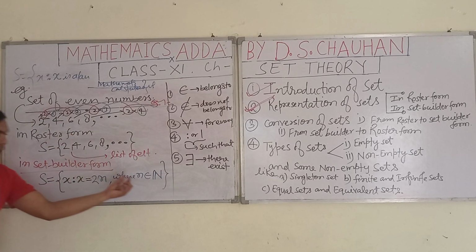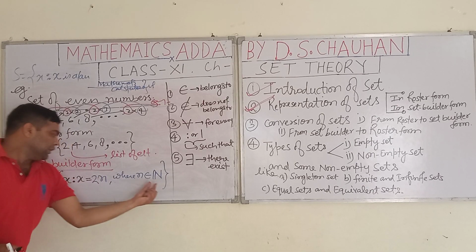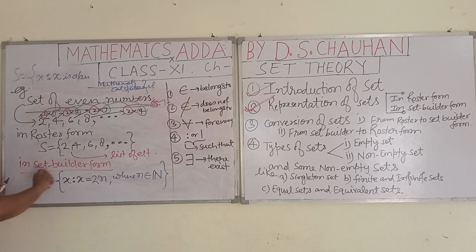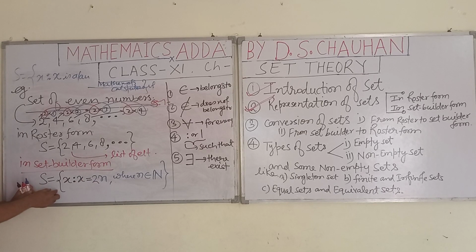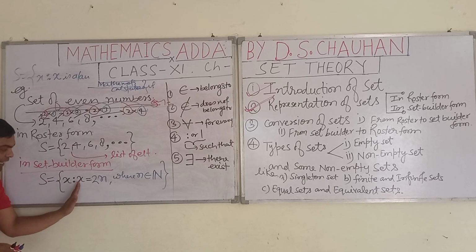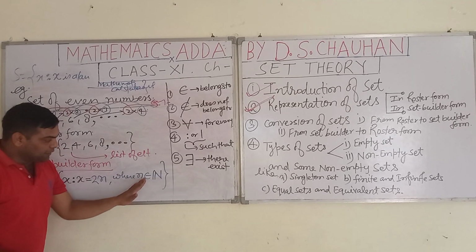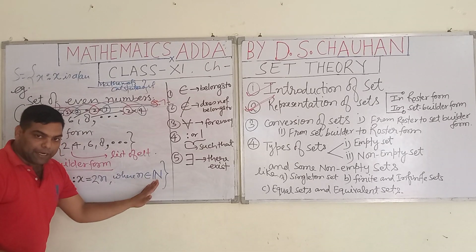Students, you are very familiar with the term natural numbers. So here you can see that we have written the set in set builder form by the formula x such that x equals 2n, where n is a natural number.